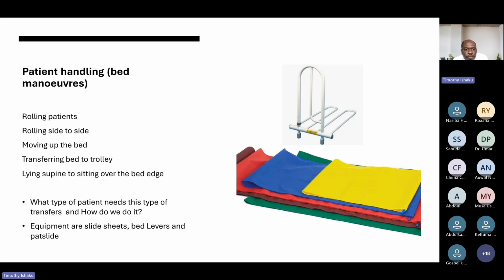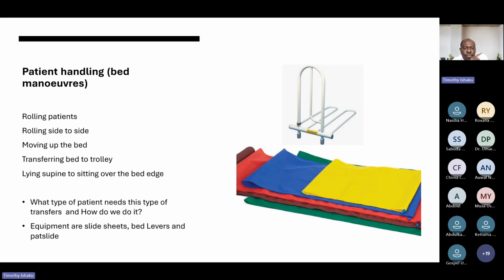And the bed levers as well, we need to be mindful of the type of patient we use them with, because if we leave the bed levers, because we are putting them at the end of the bed, the patient can get stuck in between them, or their arms can get stuck in between them.